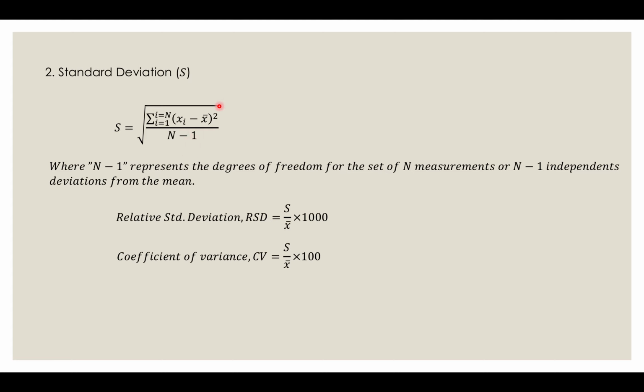This is the standard deviation, another way of representing precision in a measurement, where n is the total number of measurements. Here n minus 1 is the degrees of freedom for the set of n measurements, or n minus 1 independent deviations from the mean. This is what it represents in a physical sense.